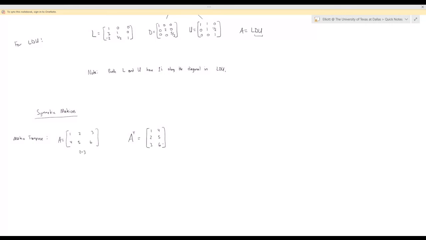So right now, it maybe just seems kind of silly. Like, why would we just rewrite the rows as columns? What's the point of that? So I guess the main reason why transpose is important.